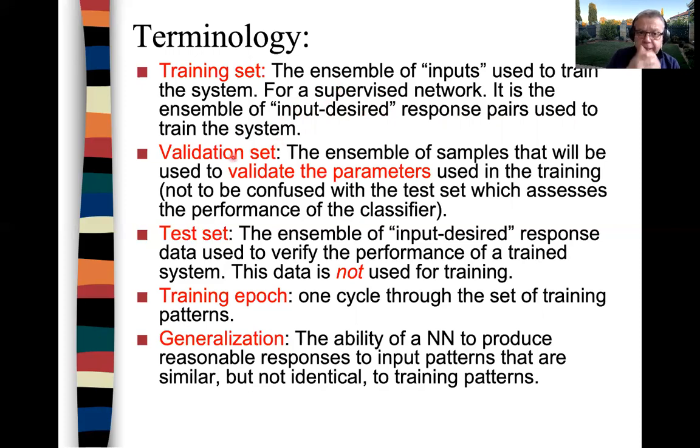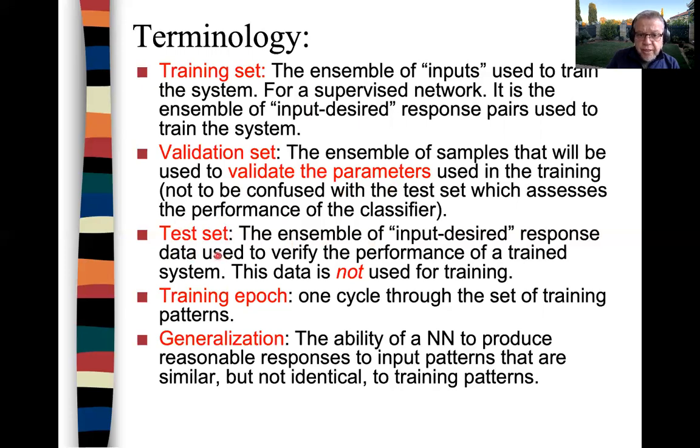The validation set is the ensemble of samples that will be used to validate the parameters used in the training. You should not confuse it with the test set, which assesses the performance of the classifier according to certain performance criteria. So first, you train the system, you validate to make sure that the parameters are okay, and then you go to the test set, where you test the system.